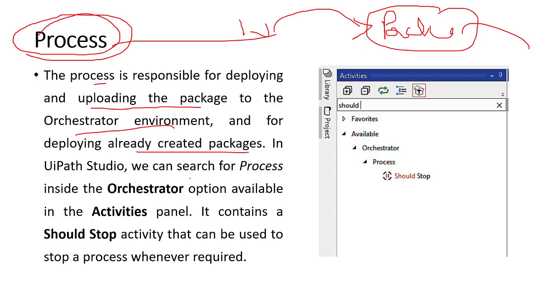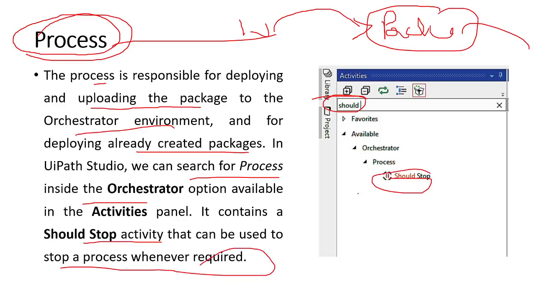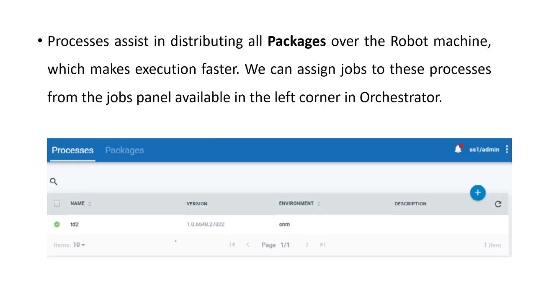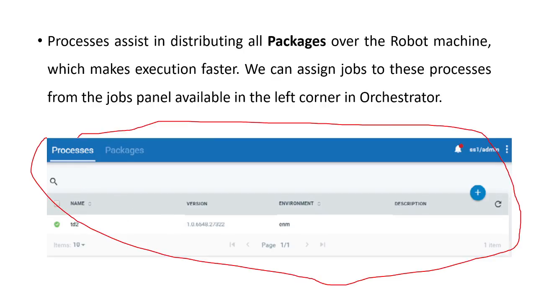In UiPath Studio we can search for process inside the Orchestrator activity panel. It contains a Stop Process activity that can be used to stop a process whenever required. If you want to stop the running process, you can use that activity. This is a process interface, a page displayed in the Orchestrator server. Process will help you distribute all packages to robot machines, which makes execution faster.